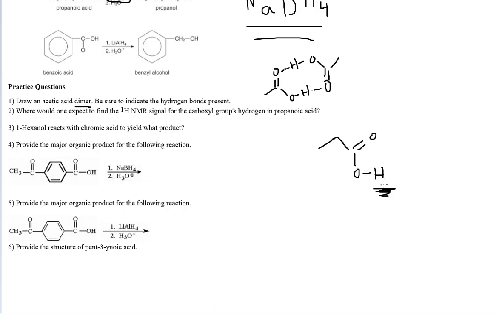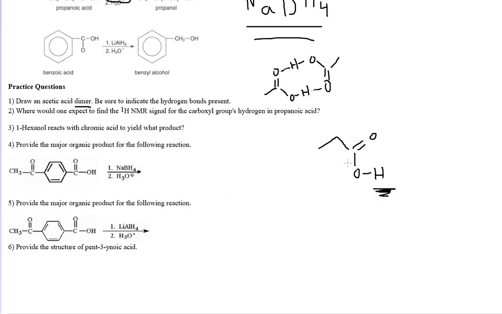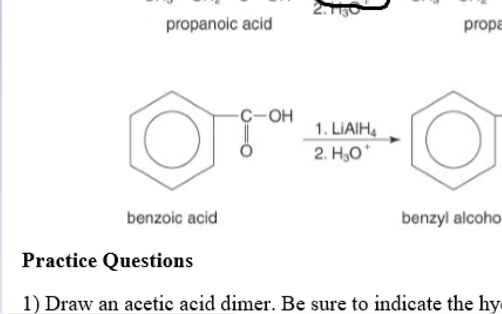Second, it can exchange into solution, which can make it harder to find, because if it mixes with, say, water or deuterium, you would see some interesting things occur. I actually have this here on the side.